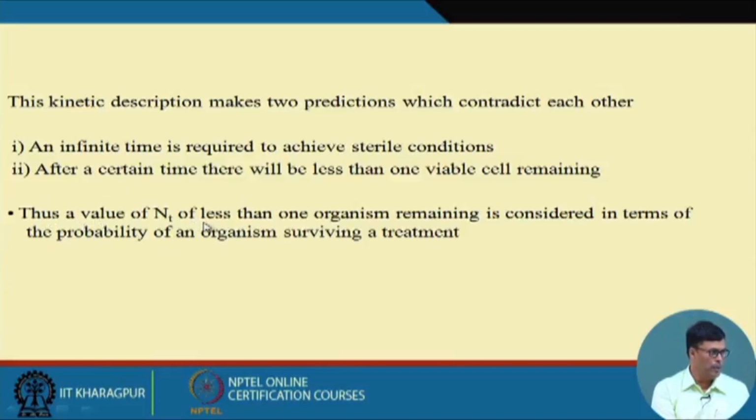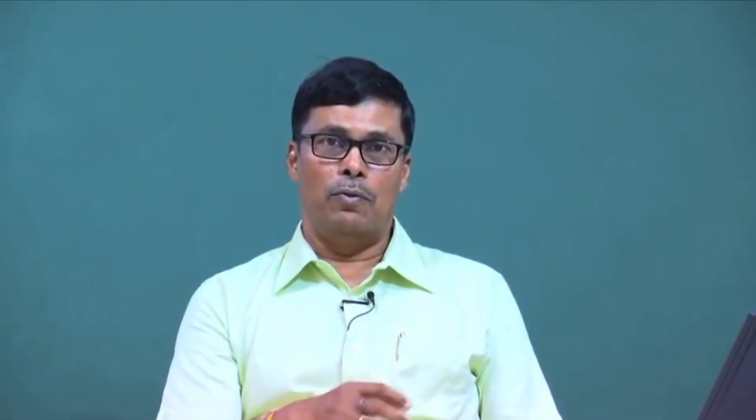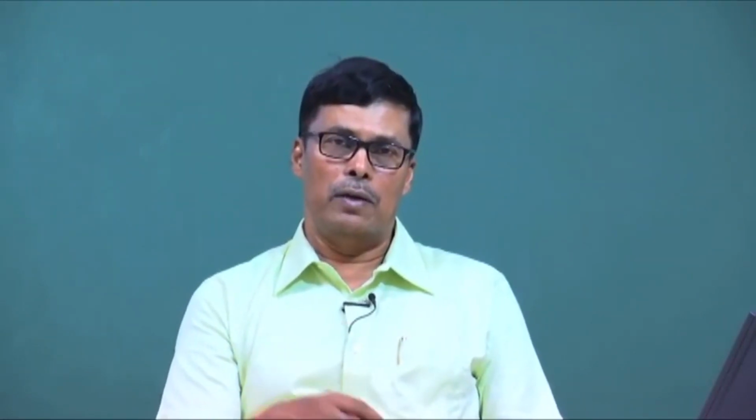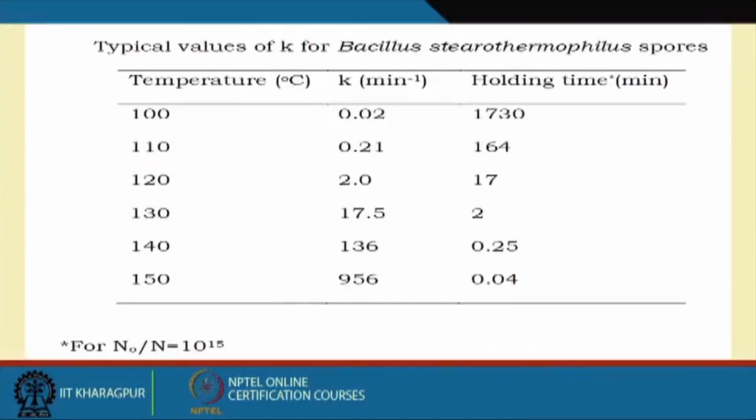A value of NT less than one microorganism remaining is considered in terms of the probability of an organism surviving a treatment. So, I told you that when you design any kind of sterilization process, we always assume 1 in 1000 or 1 in 10,000, 1 in 100,000, whatever sterility factor you are going to have in your system.